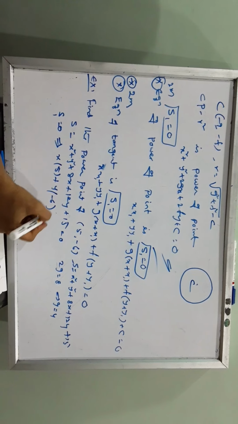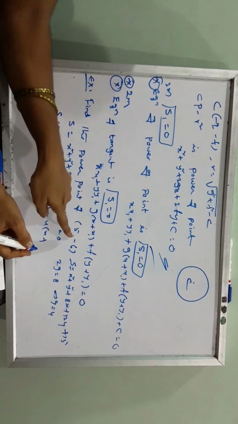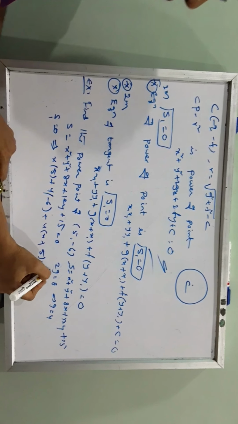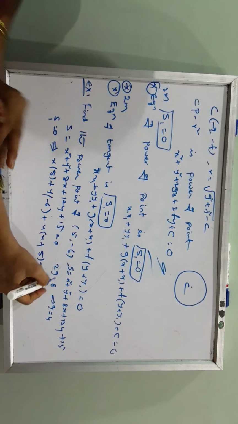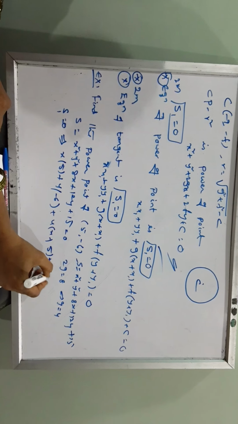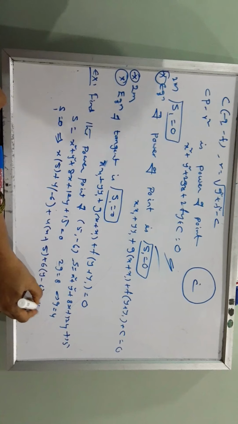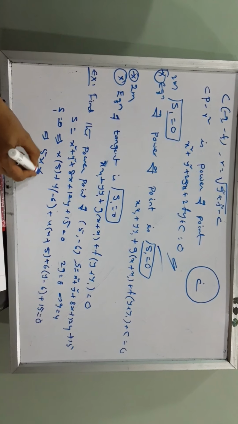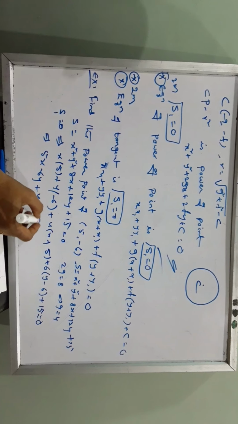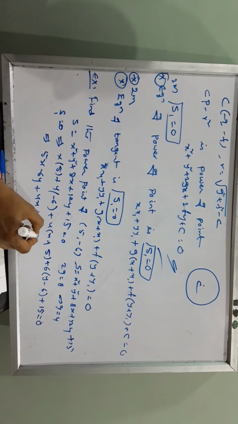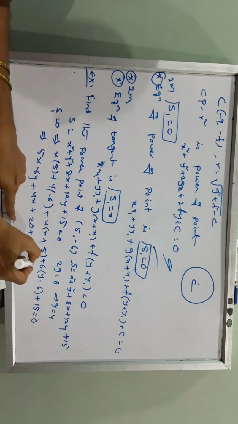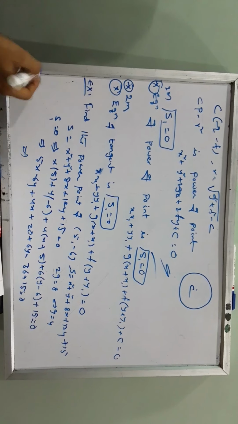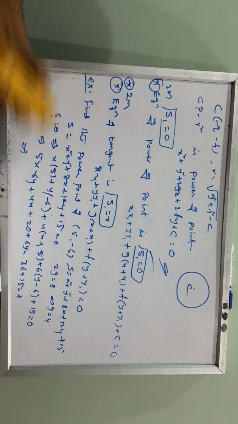So plus 4 into (x plus x1), x plus 5, plus here 2f is equal to 12, then f is equal to 6, plus 6 into (y minus 6) plus 15 is equal to 0. So 5x minus 6y plus 4x plus 4 into 5, 20, plus 6y minus 36 plus 15 is equal to 0. Just simplify it, then we get the required equation.